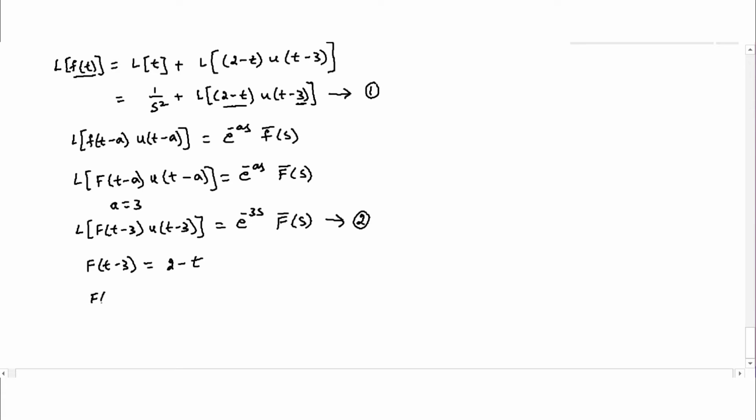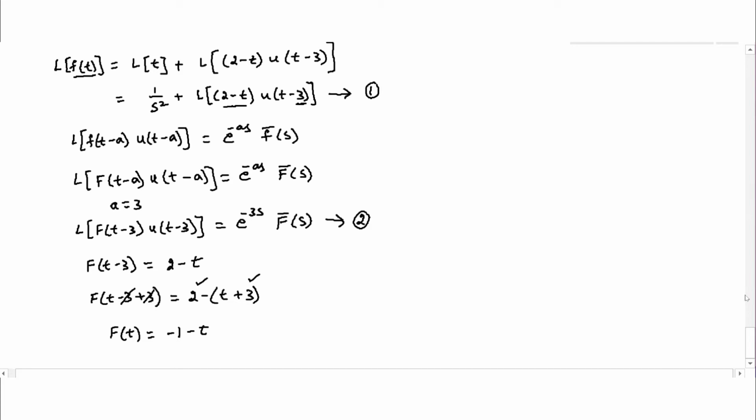So I rewrite t − 3 + 3 over here, which will be equal to 2 − (t + 3). The −3 and +3 cancel out. You'll get F(t) equal to 2 − 3 − t. So 2 − 3 will be −1, and we get −1 − t.